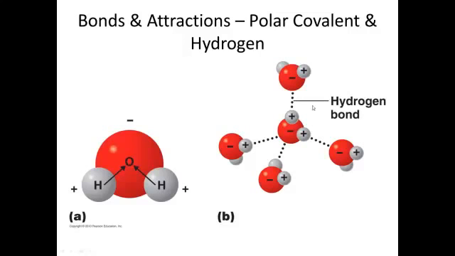Don't get confused between the covalent bond, the nonpolar covalent bond between 2 hydrogens in gaseous hydrogen, and the hydrogen bond between molecules. Hydrogen bonds can form between any molecules where there is a hydrogen bonded to an oxygen or a hydrogen bonded to a nitrogen. Those are the ones that you need to worry about for this class.